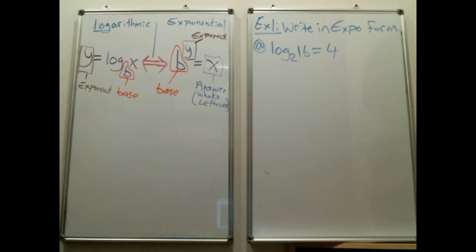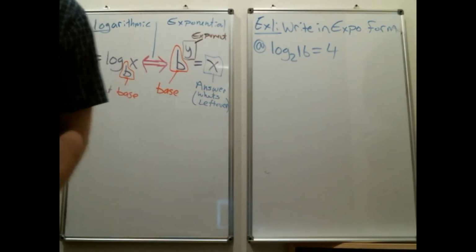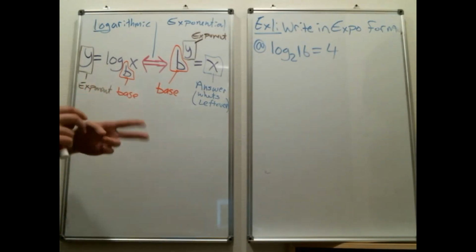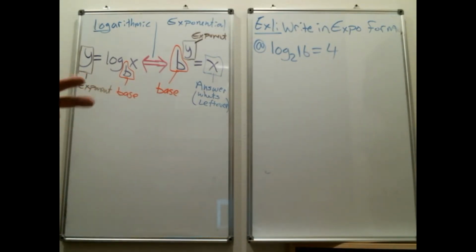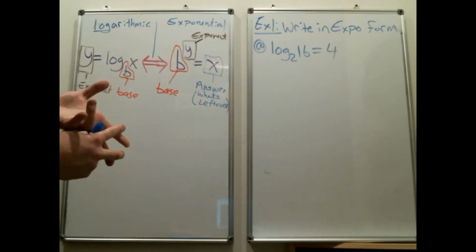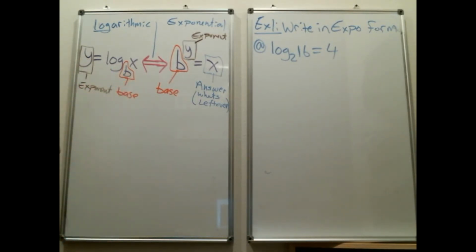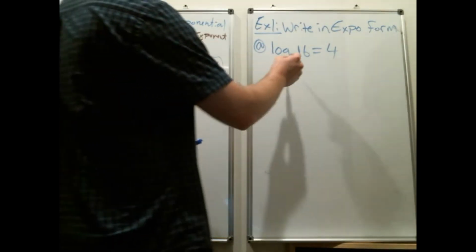And so think back to what I just said about over here. There's only two things I care about when I'm working these. If I can identify these two things, then converting it should be relatively easy. Those two things were the base and the exponent. So we need to be able to identify those. So the base is pretty easy.